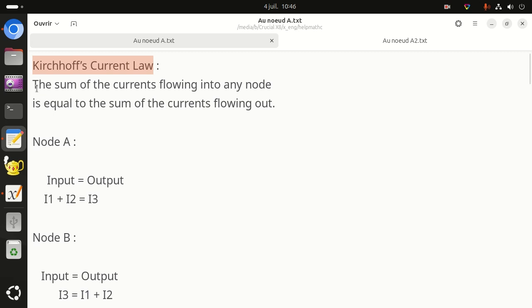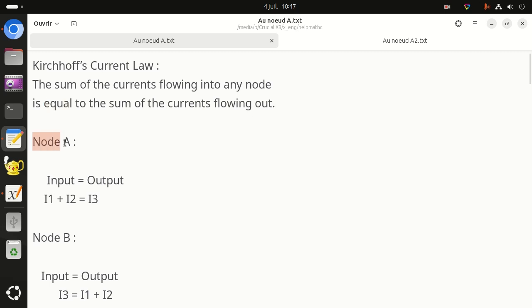This law says the sum of the current flowing into any node is equal to the sum of the current flowing out.